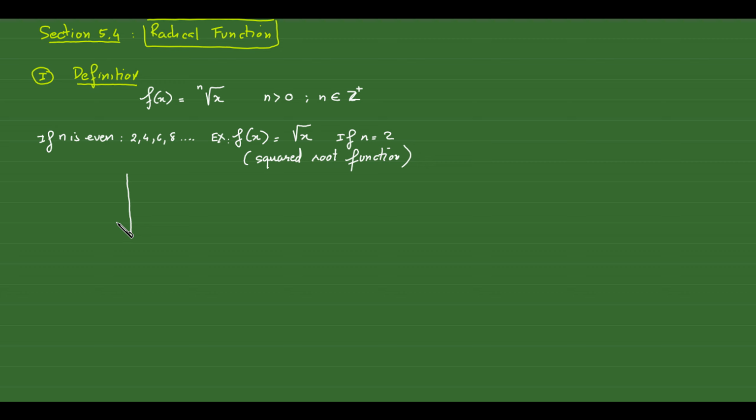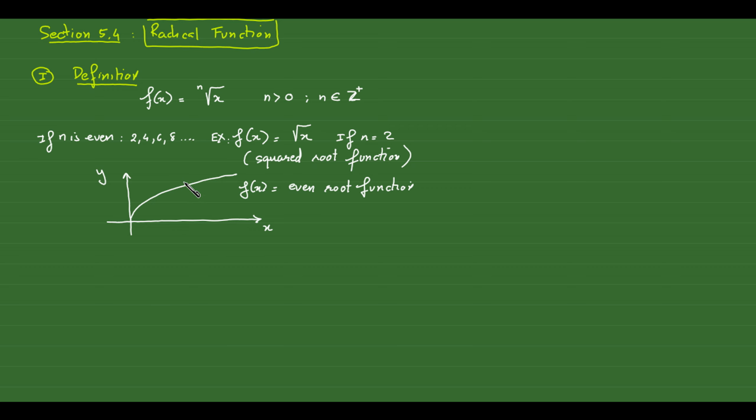The sketch of any even root function will be something like this. So if we have a square root, 4th root, 6th root, 8th root, 10th root, the sketch of the graph of those functions will be something like this.